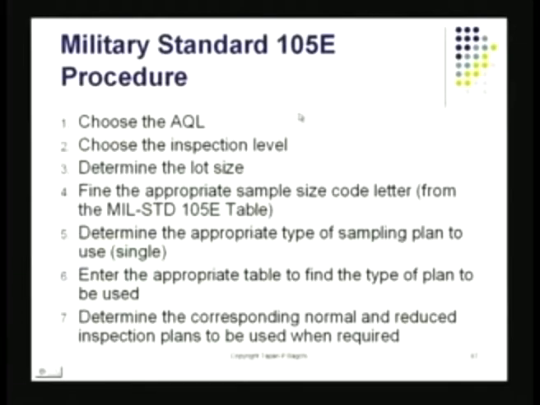Let's try to walk this path. Choose the AQL, and determining AQL of course depends on the use that you have. If there is a certain part and you can probably tolerate a few percent defectives, as far as pens are concerned, probably 5% defectives are okay in the lot.